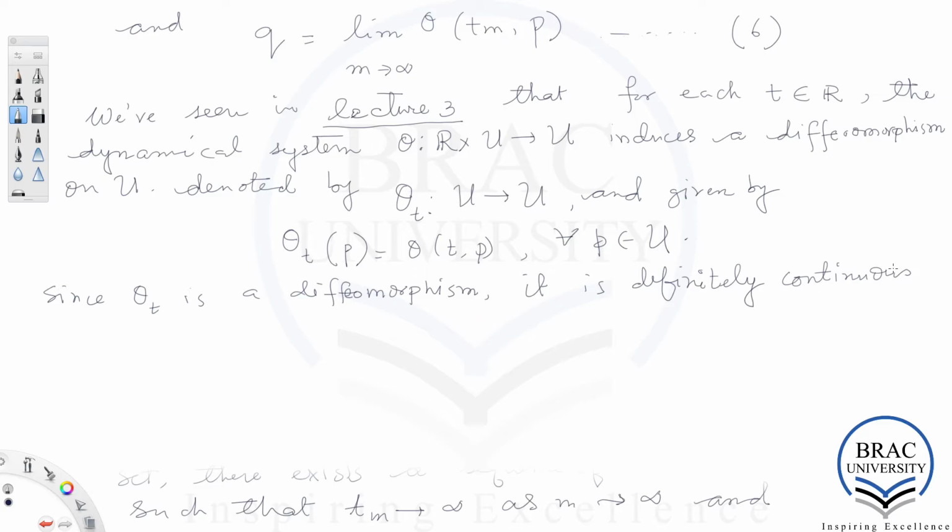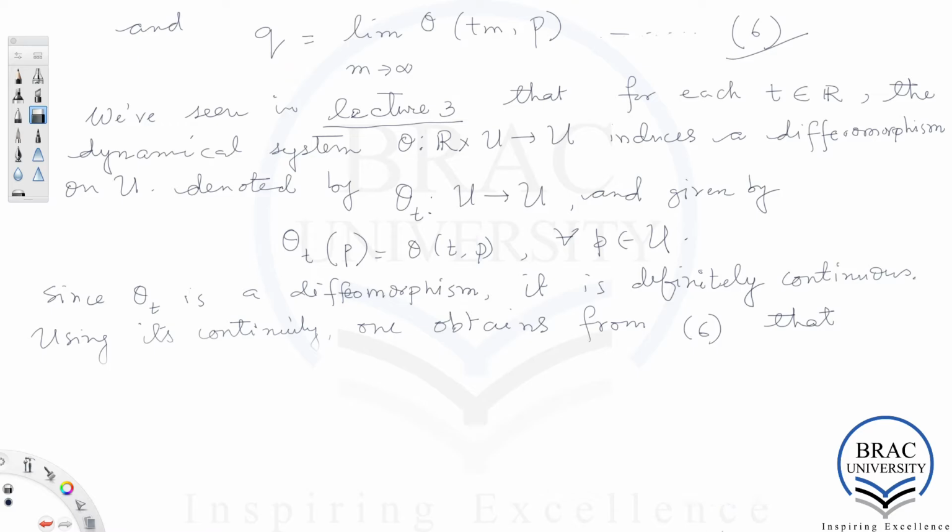Using its continuity, one obtains from 6 that theta t comma q is equal to theta t comma the limit of theta tm comma p as m approaches infinity, right?